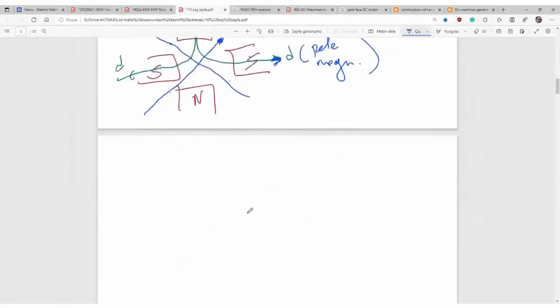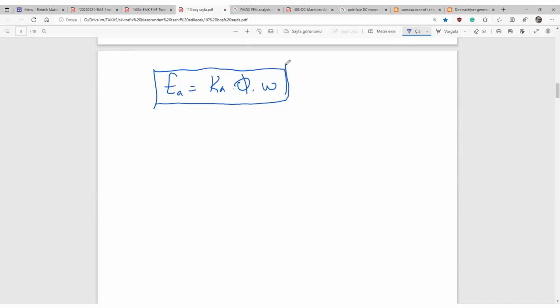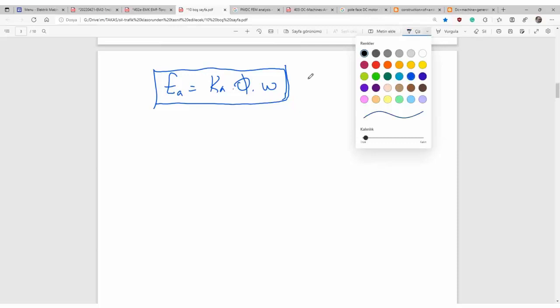In some books, armature EMF is Ka times flux times angular speed. That is the most common one in American or British literature. But in some German or Russian literature, there is some other equation.